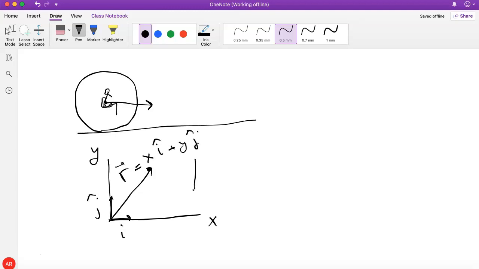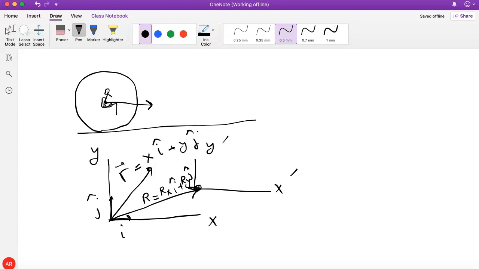Now consider another coordinate system, x prime and y prime, whose origin is at some vector, let's say R, which has again Rx i plus Ry j.